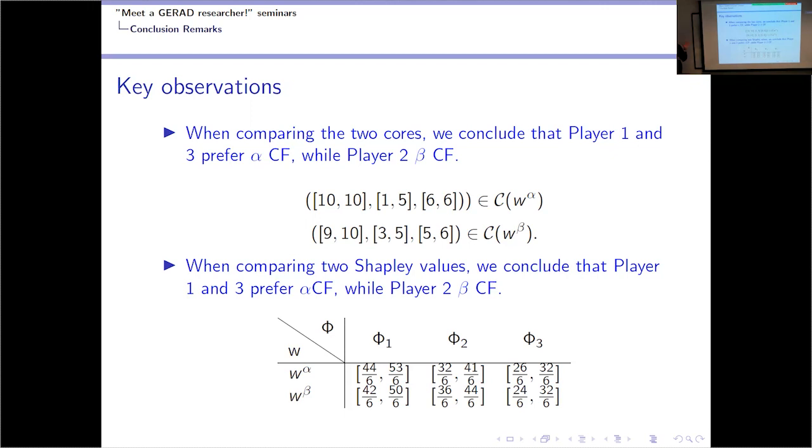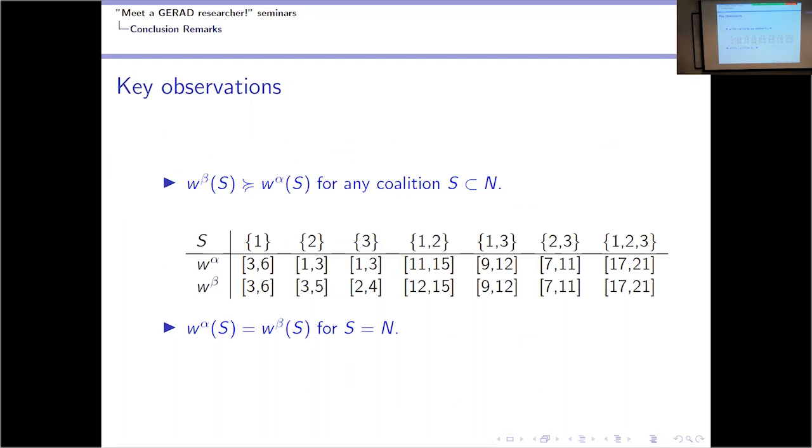And if we go back and focus on this table at the start of our example, then you will realize that for any coalition, the W beta value is weakly better than W alpha. Here you can follow all of it. But if S is equal to N, which is the grand coalition, then it is certain that the value will be the same every time.